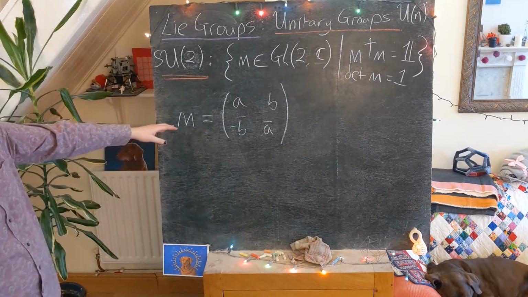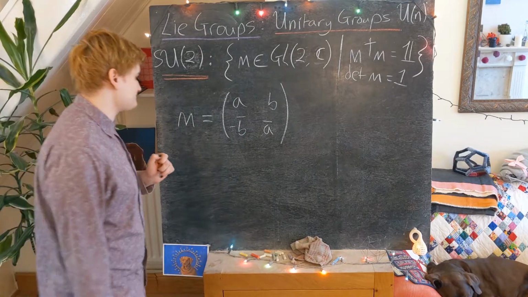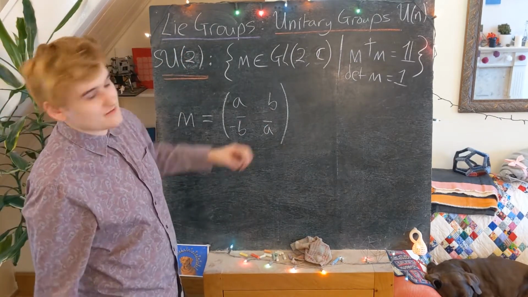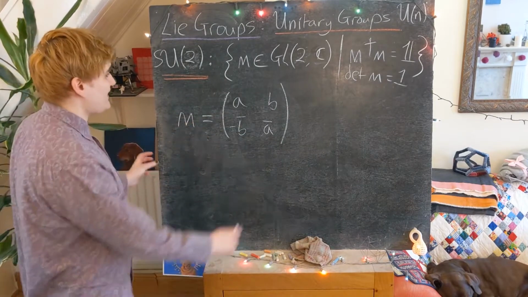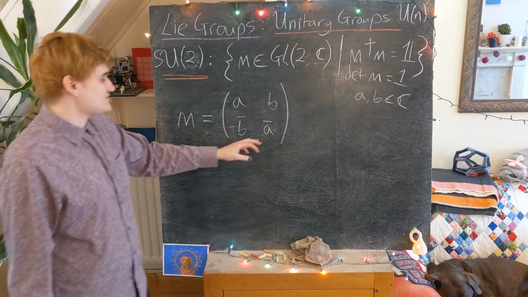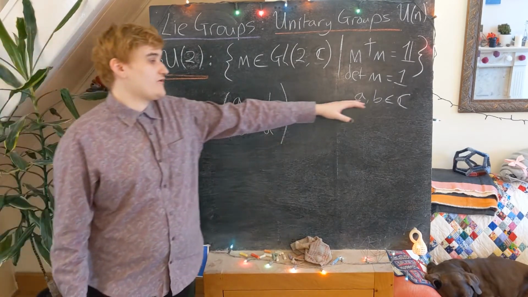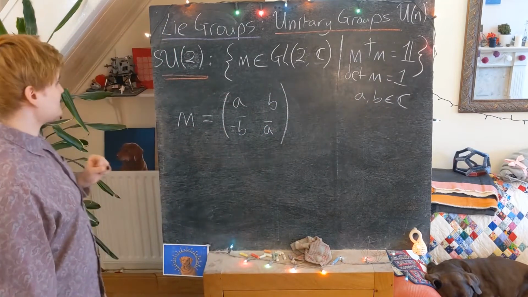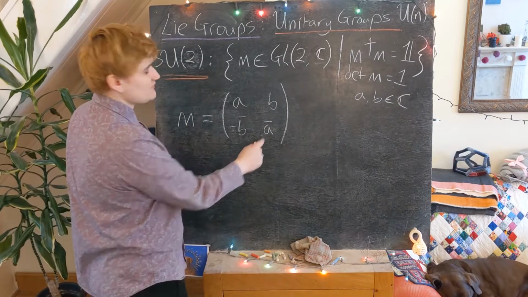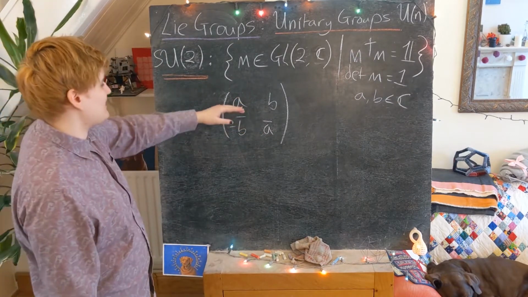And so now let's check that this is an SU2 matrix. So first of all, we need to remember that these A and B are both complex. So just looking at the form of our matrix, we can now kind of see that we only have two free complex parameters, because we've been able to somehow reduce our four matrix elements into two matrix elements.